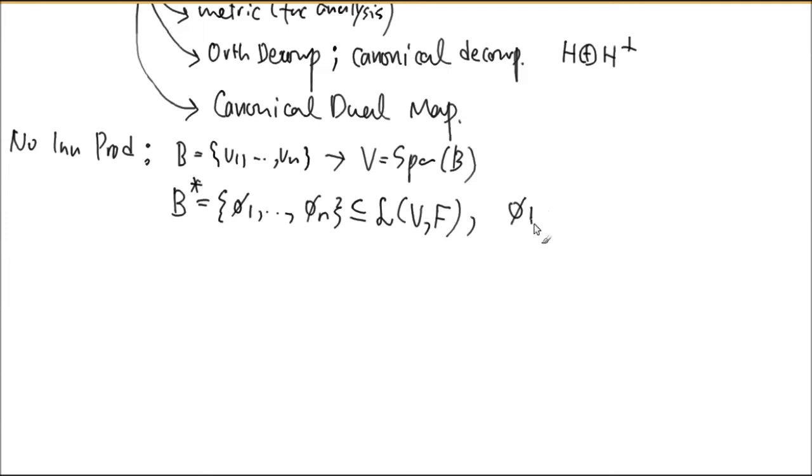The definition: phi k sends Vk to 1. What happened to the other vectors? Zero. Okay? So these were actually the basis of this space here.